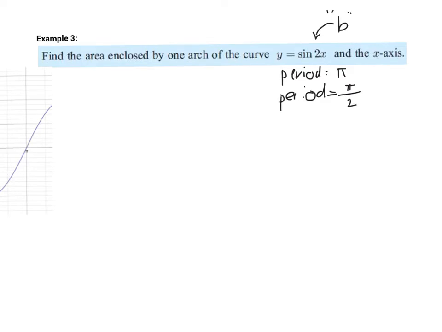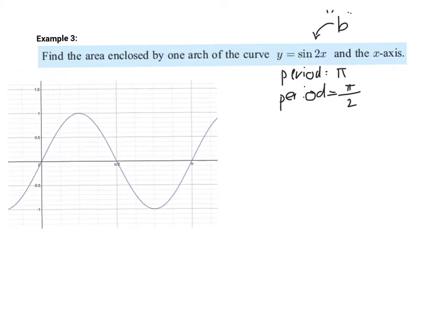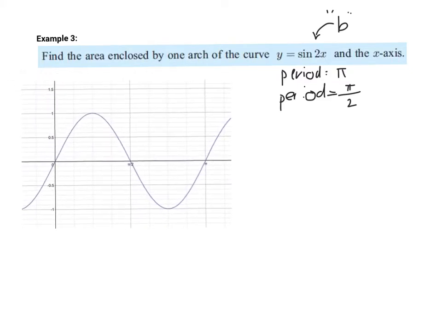So if we're looking at the graph of this function, which I'll pull back out here, the area enclosed by one arch of the curve y equals sine 2x, which is what I've graphed right here, and the x-axis, we're looking at this first arch right here. It's going to touch the x-axis again at x equals pi over 2. So we're really looking for this area under here.